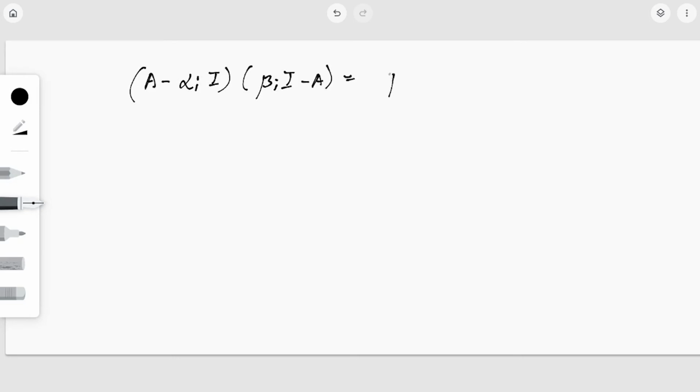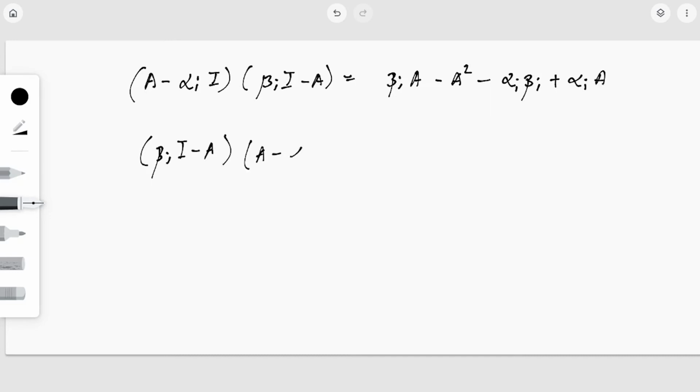This is equal to beta IA minus A square minus alpha I beta I plus alpha IA. Now see what is beta I minus A into A minus alpha I. This is again the same thing, beta IA minus A square minus alpha I beta I plus alpha IA. So these are equal.